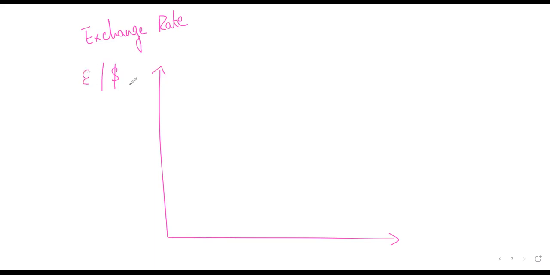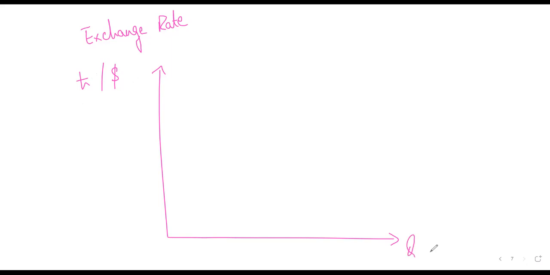It could be euro per dollar, like how many euros each dollar buys, or rupees per dollar, or yuan per dollar. Are you getting me, Isha? Whichever currency you are making the exchange rate for, that currency would be second, and any other currency would be first. So pound per dollar means how many pounds each dollar, like $1, buys. That is what it is.